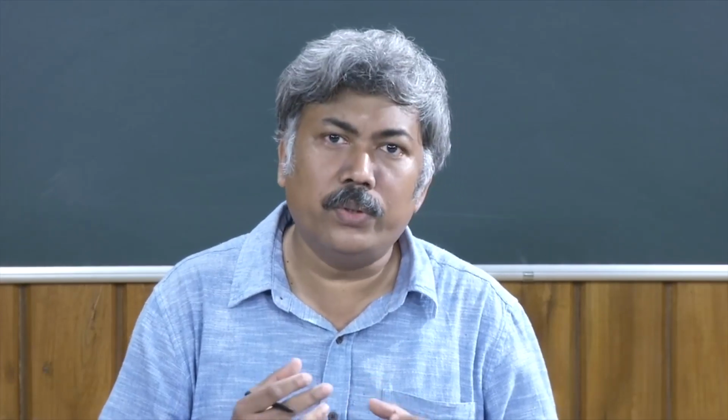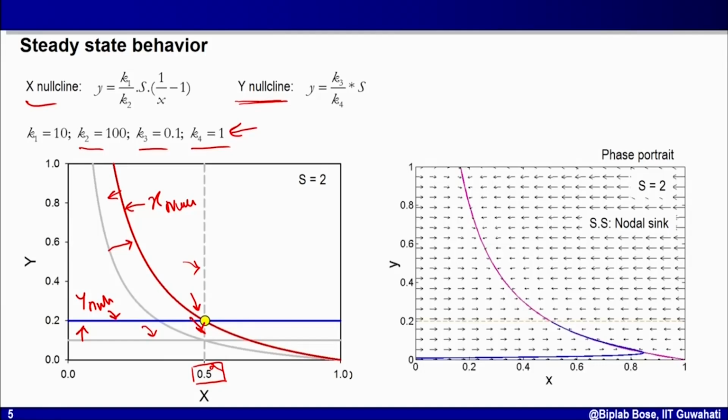Before that, let us look into the phase portrait that I have drawn. One can try to draw that manually, but it is rigorous, so I have drawn this using a MATLAB code. Let us look into the features of it. The arrows obviously show the direction. Now x is on the horizontal axis, y is on the vertical axis.